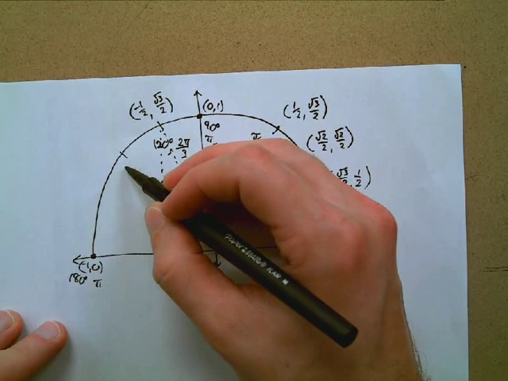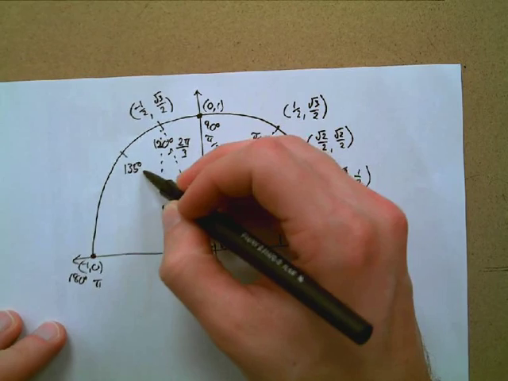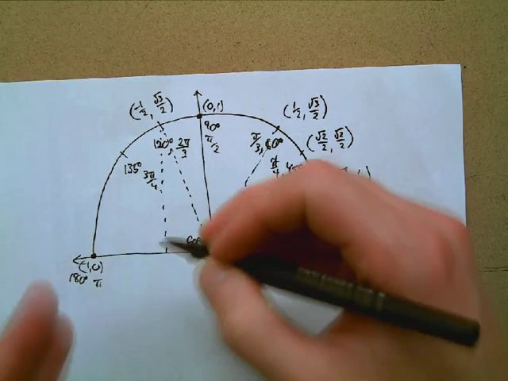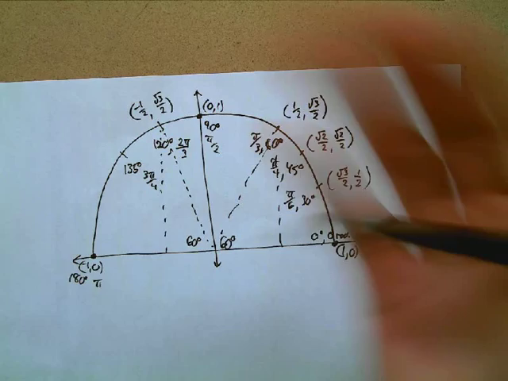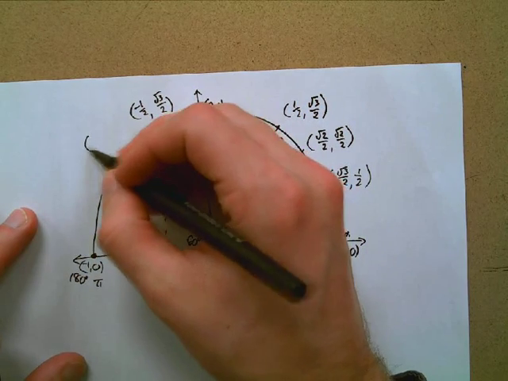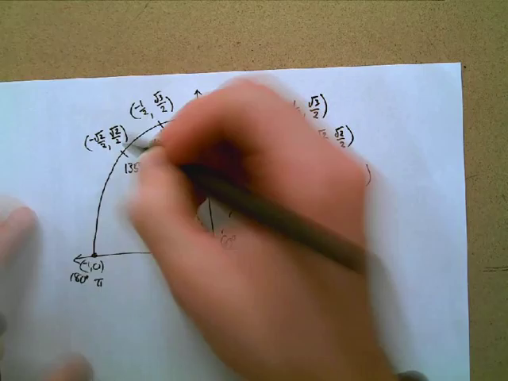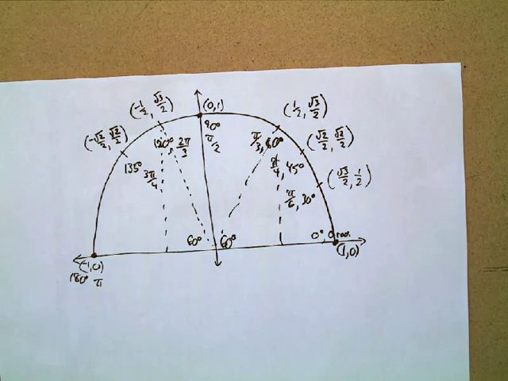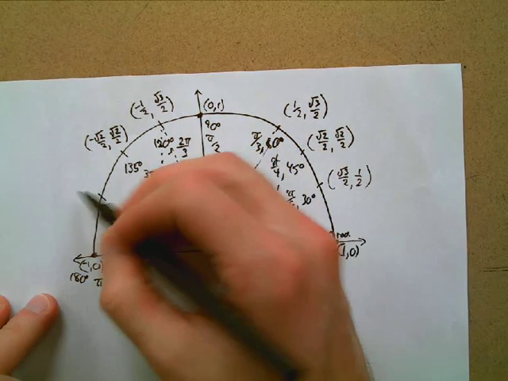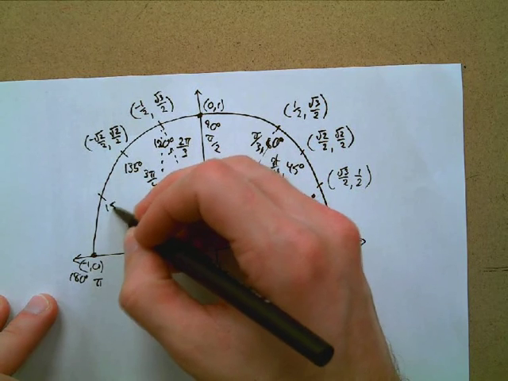And then the last one here, 150 degrees, or 5 pi over 6. Again, that is the 30, 60, 90 triangle that we used to get the 30 degrees or pi over 6 one, and so it'll just be negative root 3 over 2, and then 1/2.